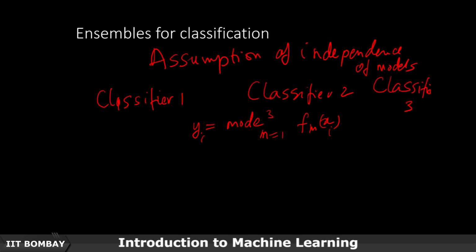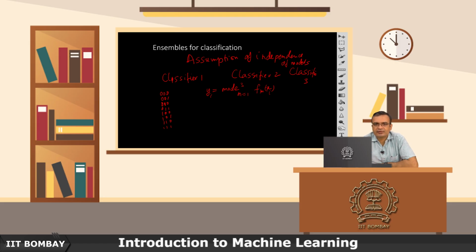Let's look at the 8 possible combinations for binary classification. So let's say the actual class is 1. Now we want at least 2 of them to give us a 1. Which ones are going to give us a correct answer? This one, this one, and this one. These 4 are going to give us the correct answer.